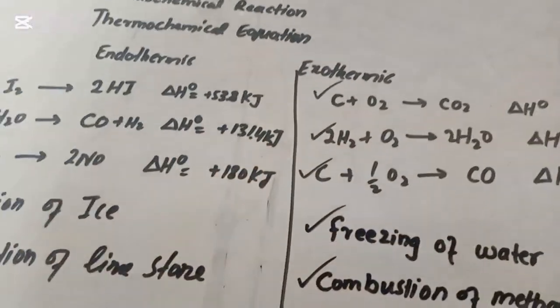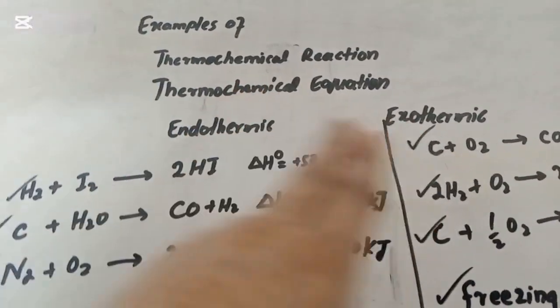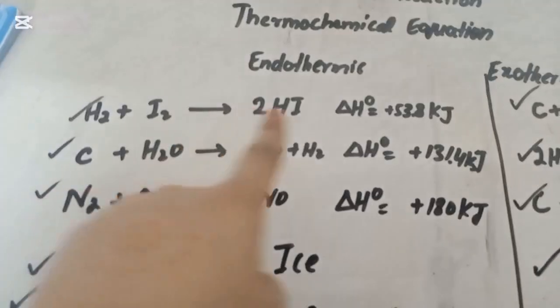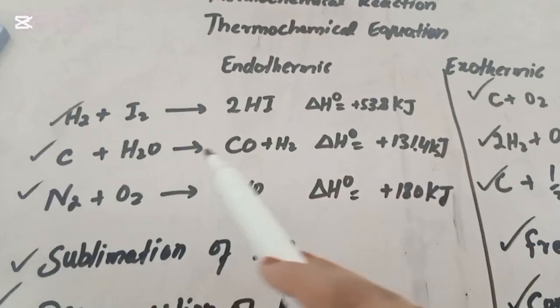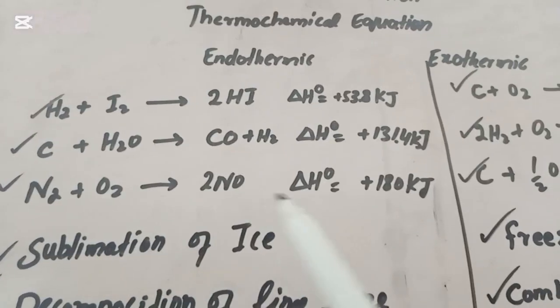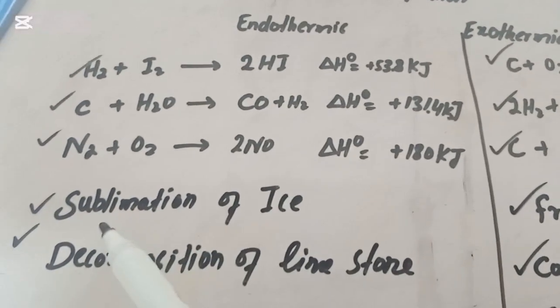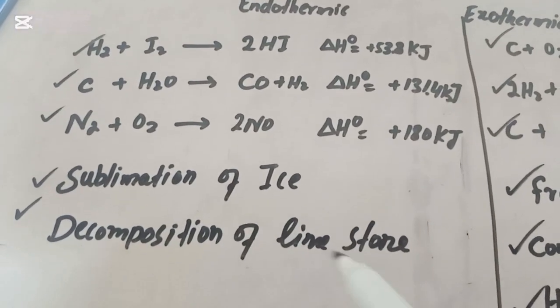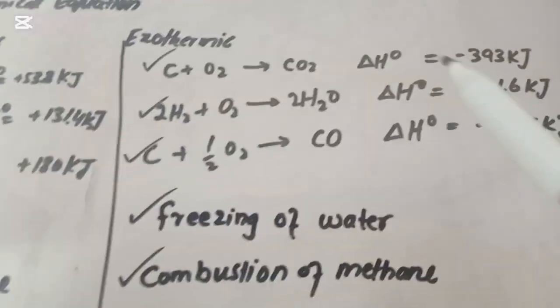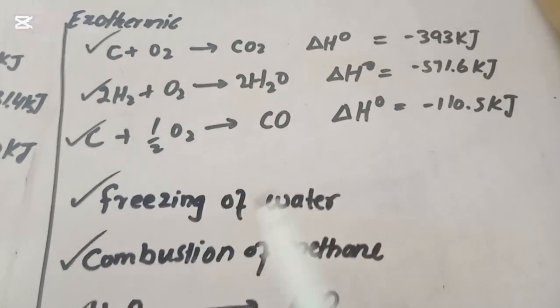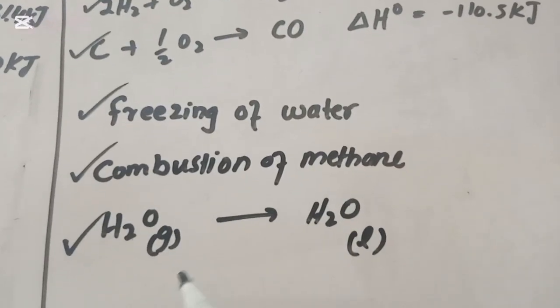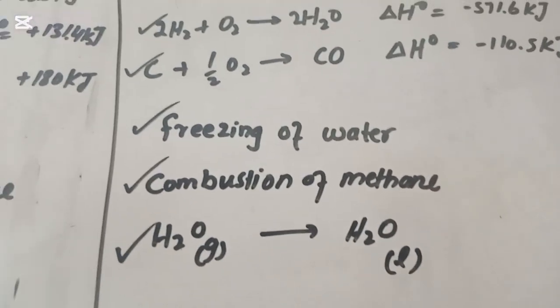Now let us summarize the examples of thermochemical reaction, thermochemical equation, exothermic and endothermic reaction. The examples of thermochemical reactions and equations are the same. Exothermic and endothermic reactions are further types of thermochemical reactions. So let's write them separately in exothermic and endothermic reactions.